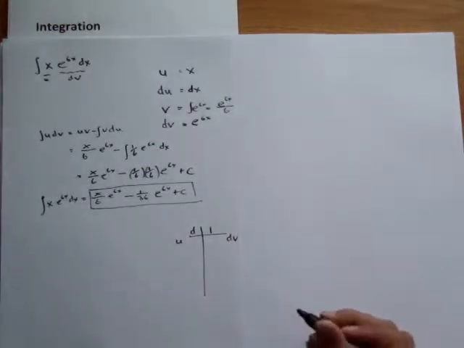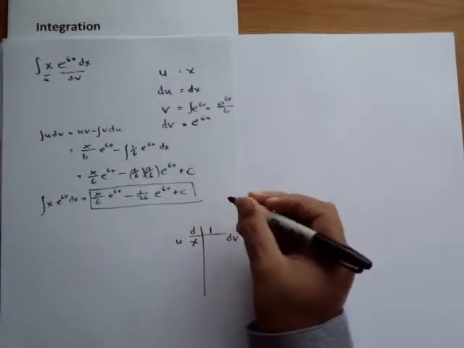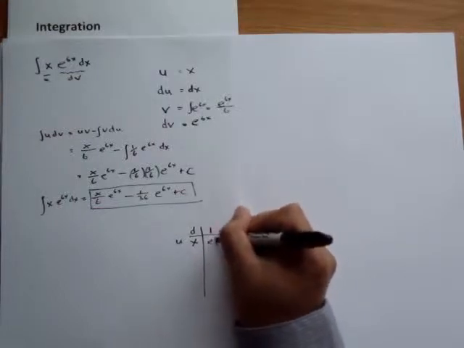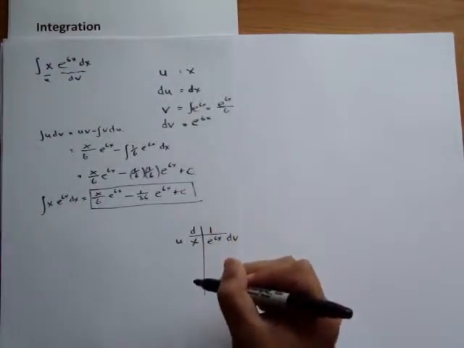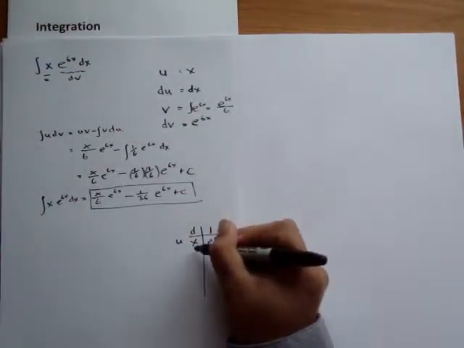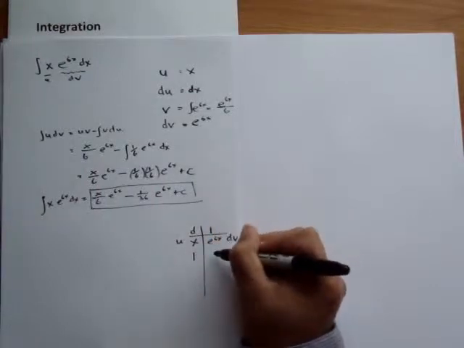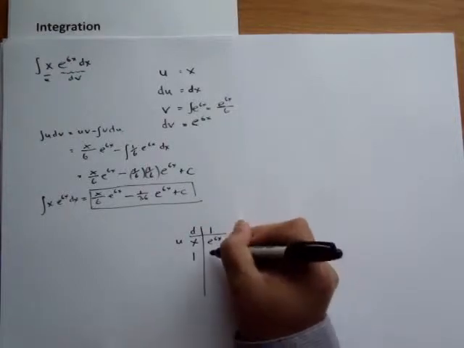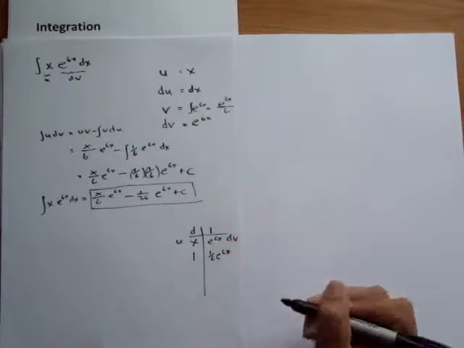So again we choose our u as x, and over here we have our dv, which is e to the 6x. Now we differentiate going down, so here it's 1 dx, or just 1, and here we're integrating this column, we get 1/6 e to the 6x.